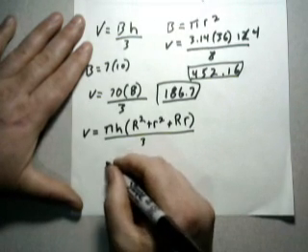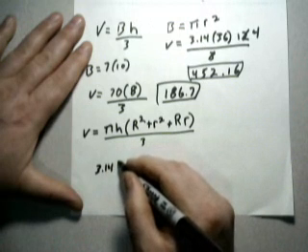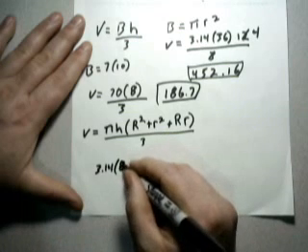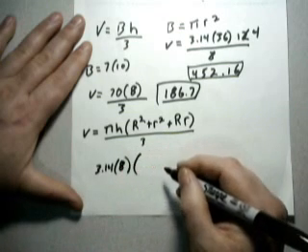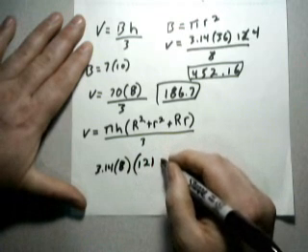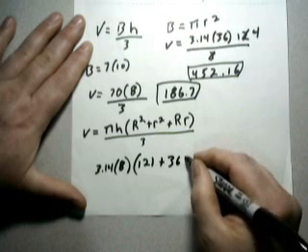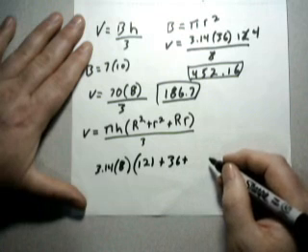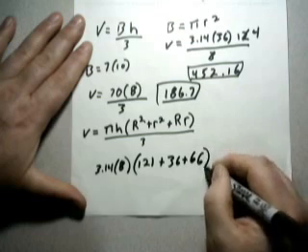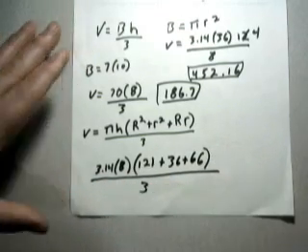So to put some numbers in here, 3.14 times the height. Our height of the first one is 8, times the big radius squared, 11, so that's 121, plus the little radius, 6, so that's 36, plus 11 times 6, which will be 66, and all of that divided by 3.